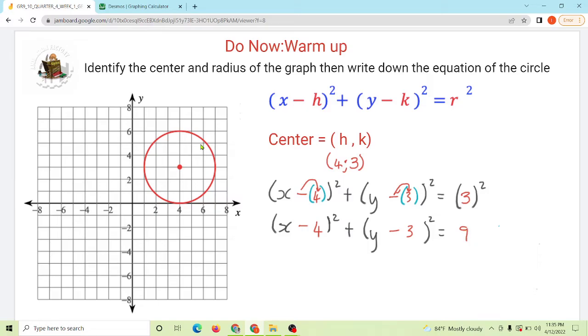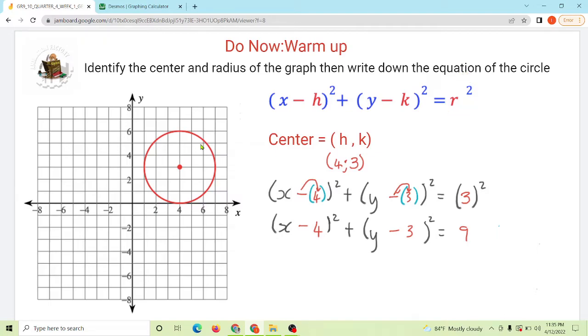So the equation of this circle is (x minus 4) squared plus (y minus 3) all squared is equal to 9. Right. But you might be wondering, but hold on, you said the radius is 3. Yeah, but remember, if we square the 3, because that's what our formula is saying, then we get 9. So 3 squared is 9.